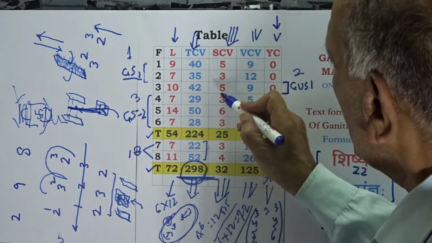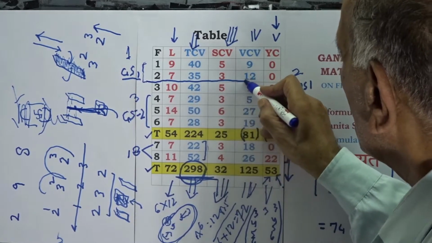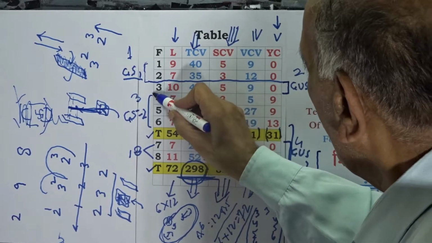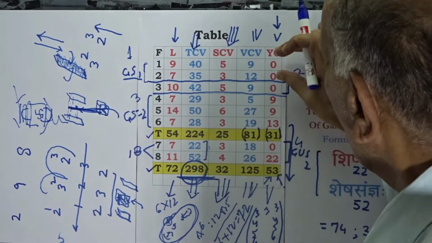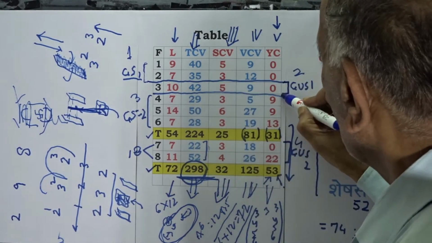Likewise, when we are up till 1 and 2, meaning up till Ganita Sutra 1, and then we have an addition of Ganita Sutra 1, then here as well we have to have a stop, and then like that we have to reach here and transit here.